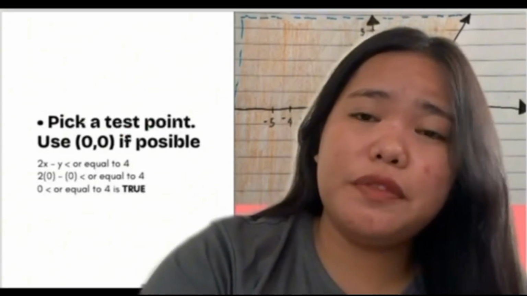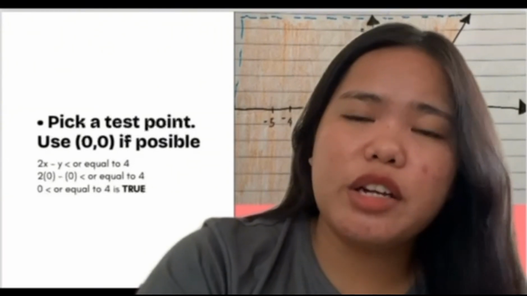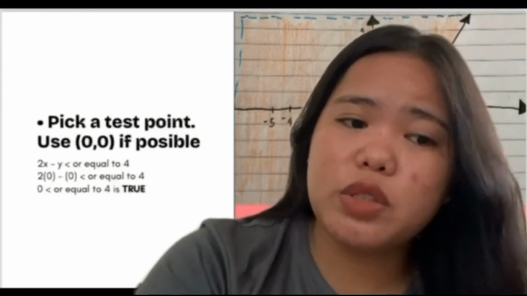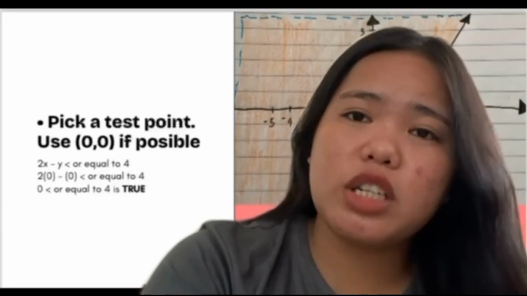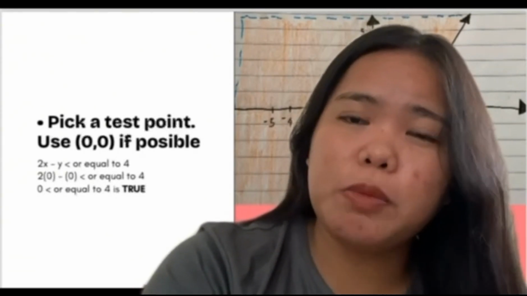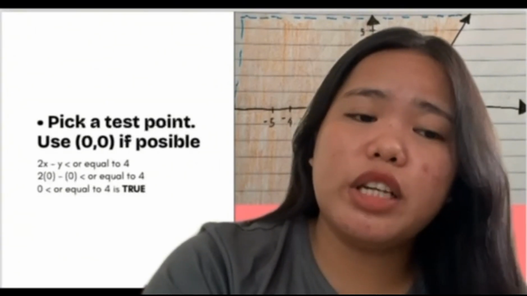And now, after finding the x-intercept and y-intercept, we are at the part where we pick a test point, use 0, 0 if possible. Here, we solve if the inequality is true or false. Now, 2x minus y less than or equal to 4.